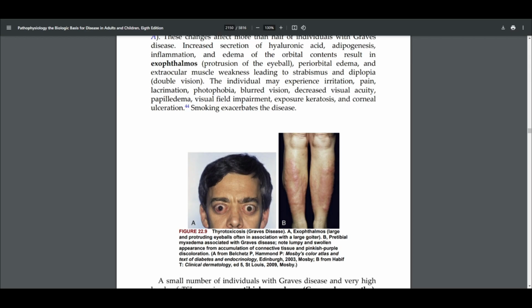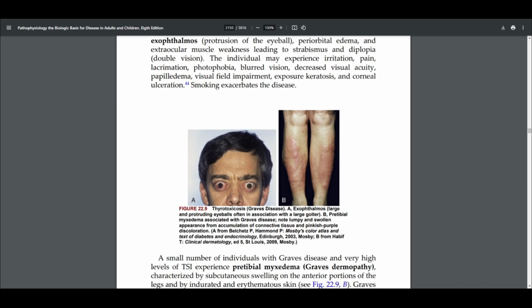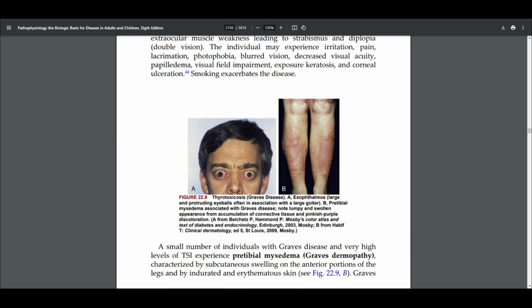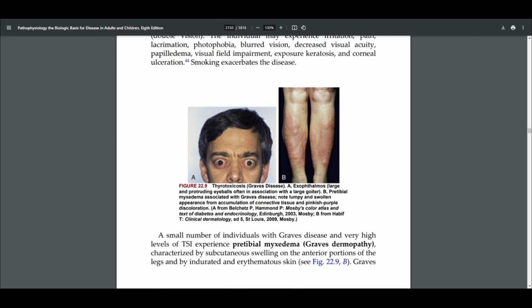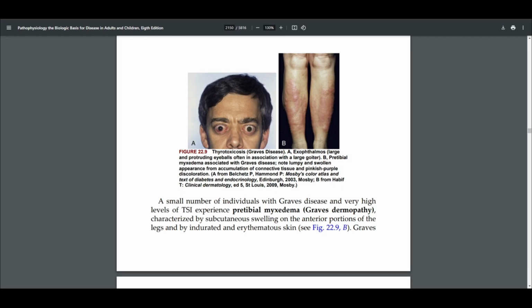The individual may experience irritation, pain, lacrimation, photophobia, blurred vision, decreased visual acuity, papilledema, visual field impairment, exposure keratosis, and corneal ulceration. Smoking exacerbates the disease. So here you see the picture of the enlargement of the eyes, for instance.